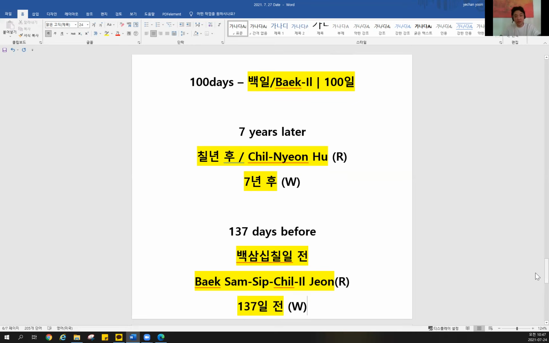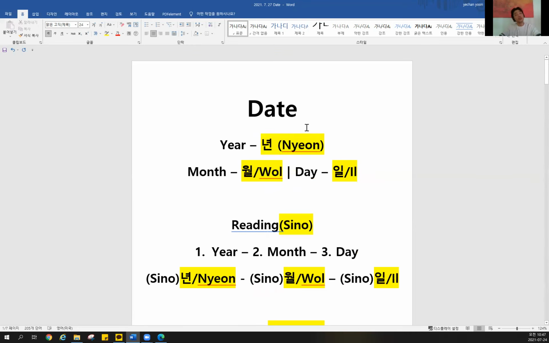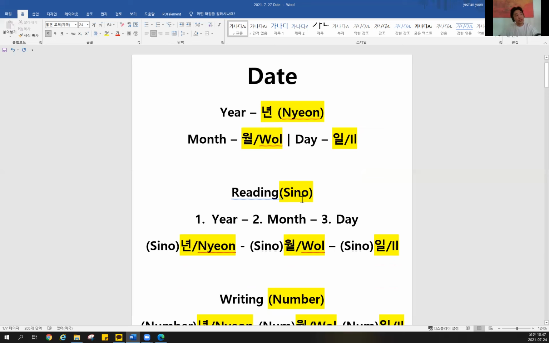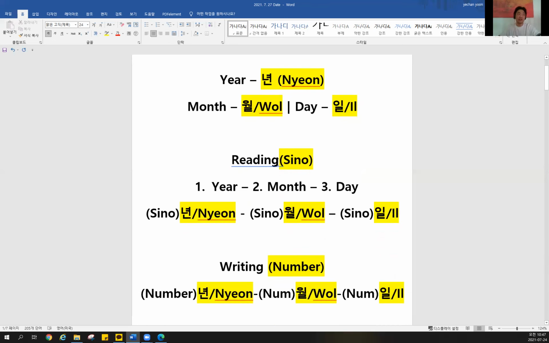So we're gonna review this one. We learned about the date for today. Year, you can pronounce with 년. Month, you pronounce with 월. And day, you can say with 일. Reading uses the Sino version, starting with the year, month, and day in South Korea.